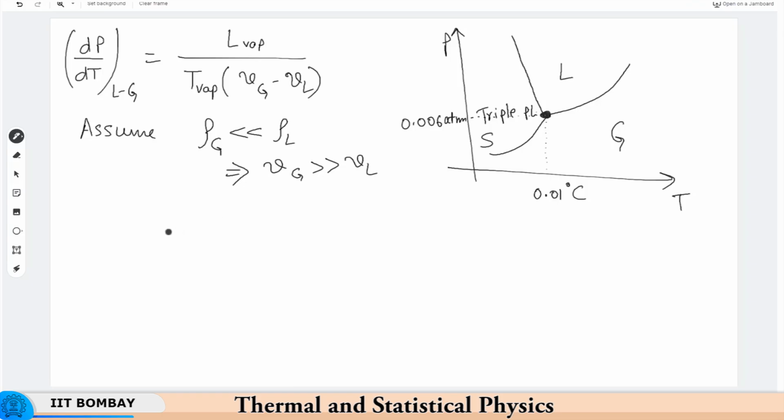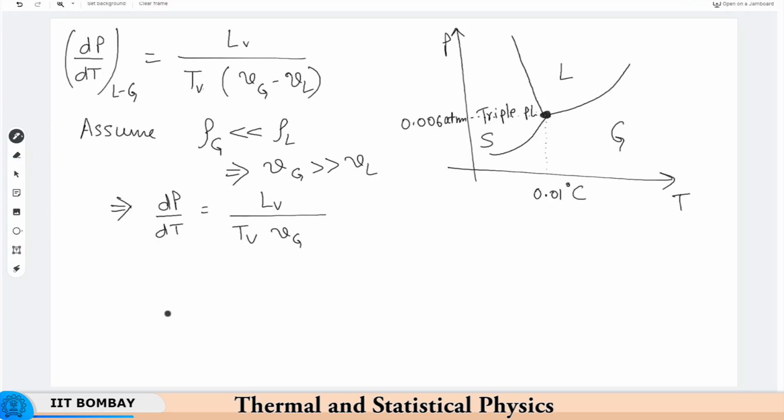I can rewrite this equation as dP by dT equals Lv divided by Tv times Vg.